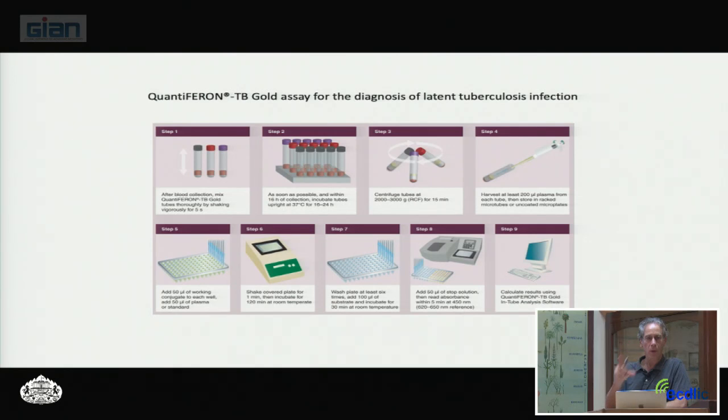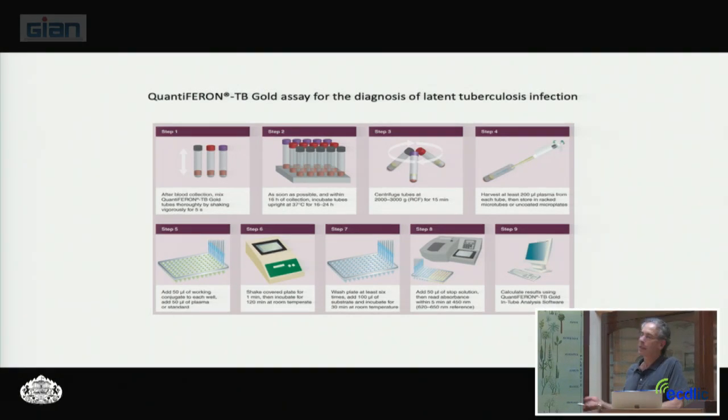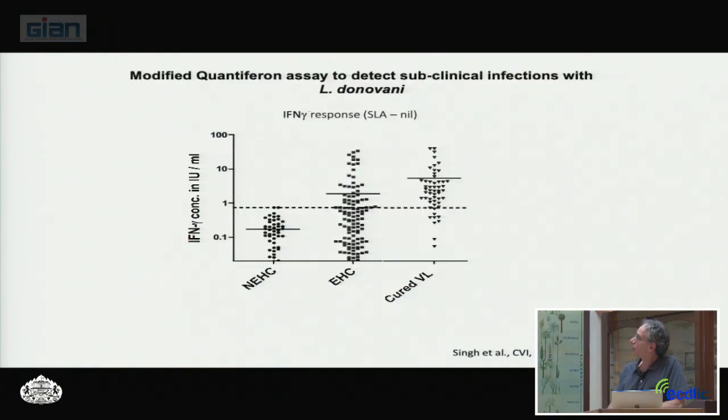You just take whole blood, put it in a tube, stimulate with antigen, culture it for 1, 2, or 3 days, and then take the culture supernatants and do ELISAs for interferon gamma. A simple assay in response to the TB antigen.